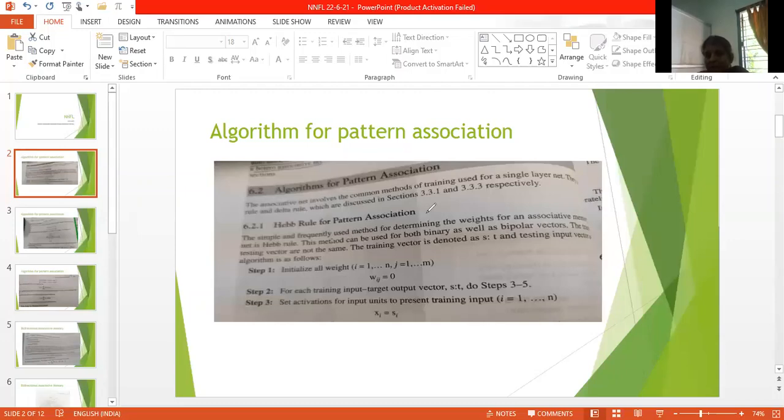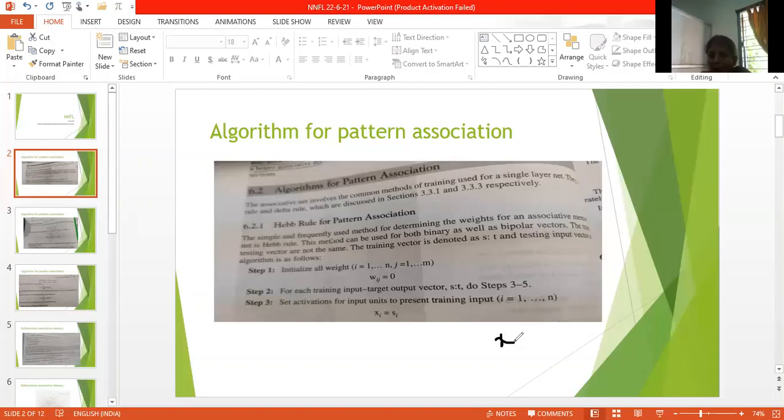See, I'm using two words, training and testing. The training vector is denoted as s:t and the testing vector is small x.